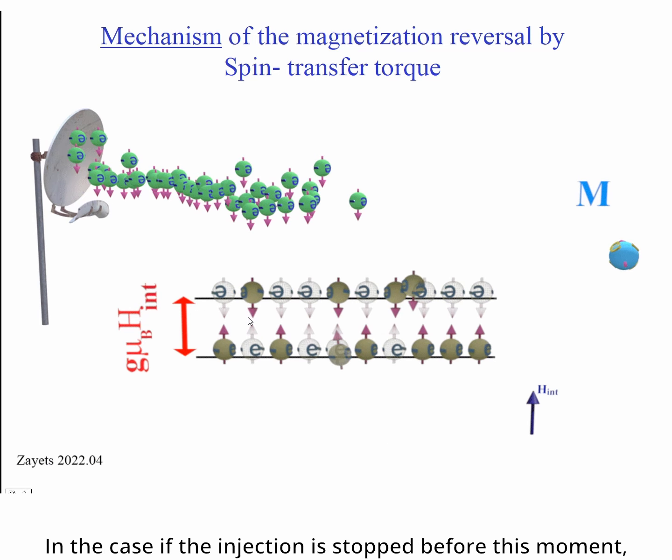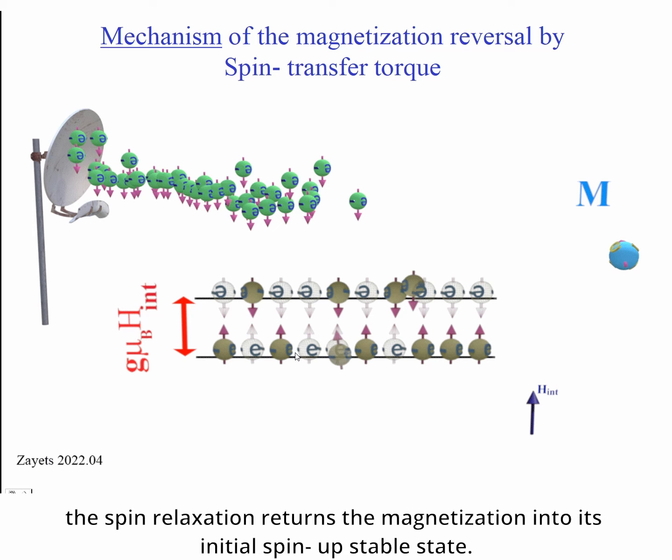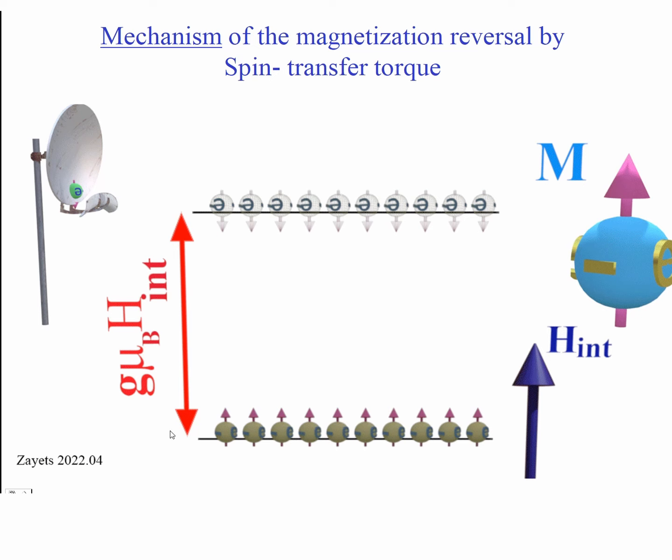In the case, if the injection is stopped before this moment, when the spin-down energy level is still higher, the spin relaxation returns the magnetization into its initial spin-up stable state. Spin up.